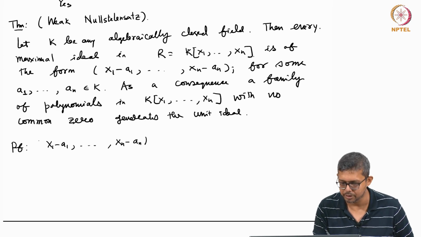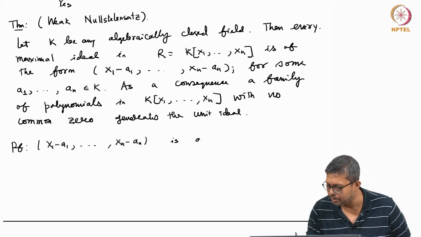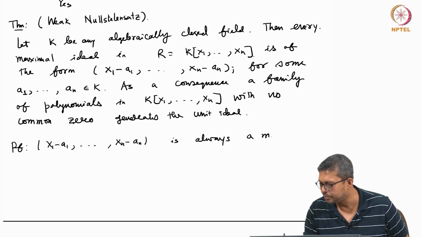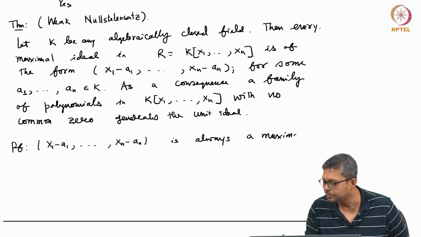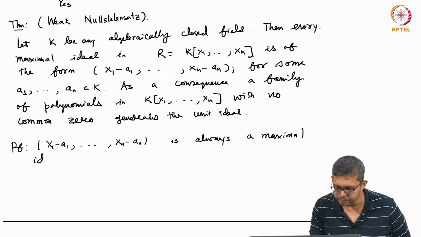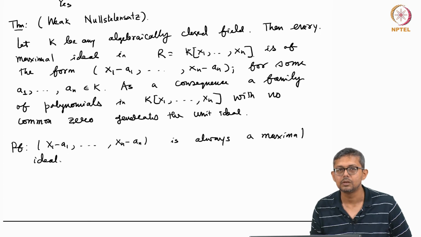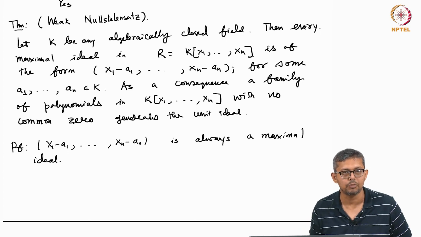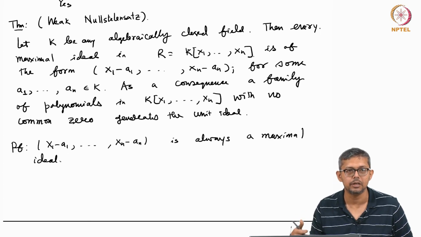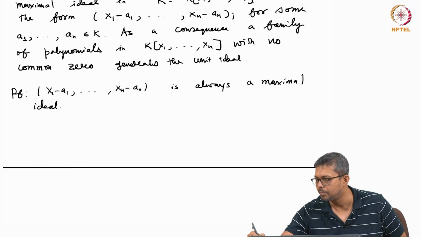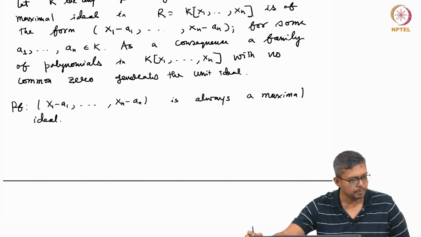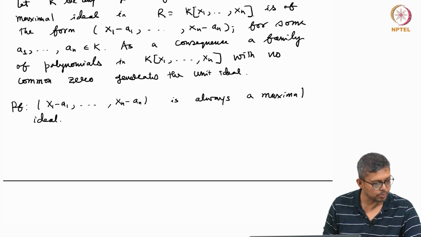So, you can see that it is always a maximal ideal. So, the question is the converse, whether every maximal ideal is of this form. That is one needs to show.